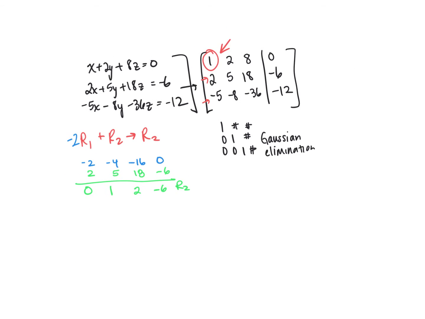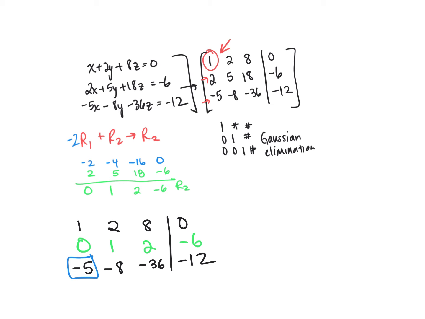The only thing that's going to change in my matrix is that row 2. So you can see I just left everything else the same. There you go. Then I want to work on getting rid of the -5 there. To make that go away, I'm going to multiply that 1 by what would make a -5 cancel. That would be a +5.